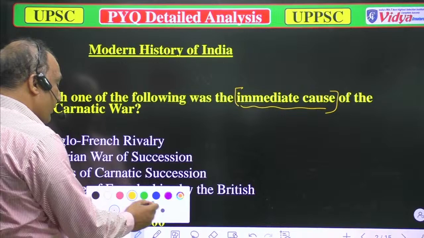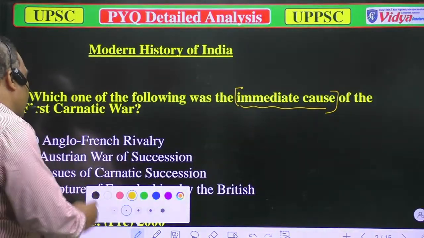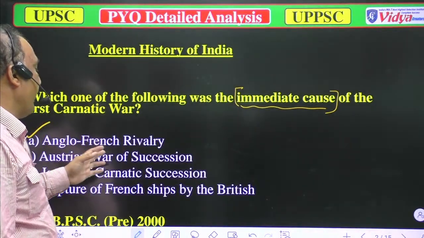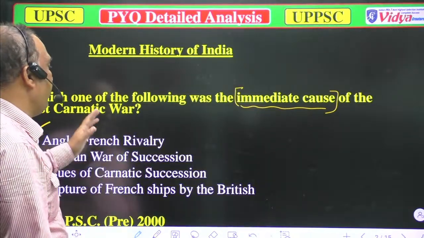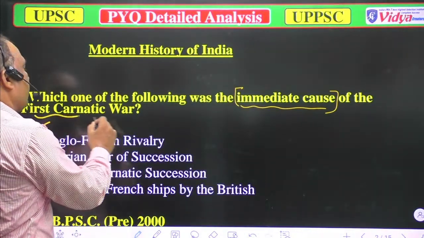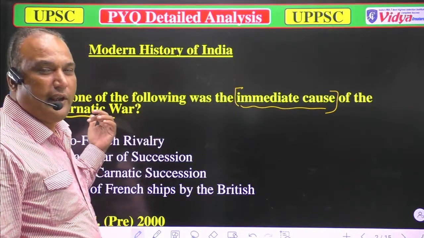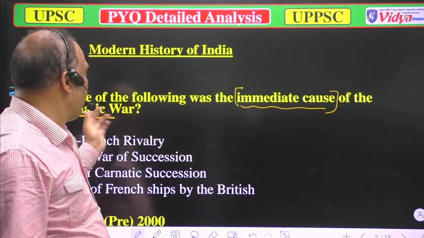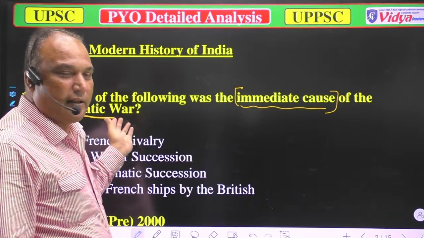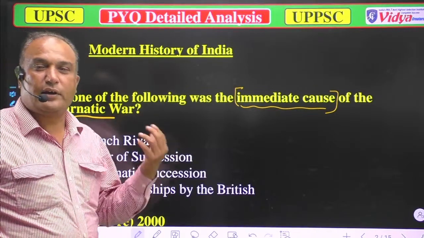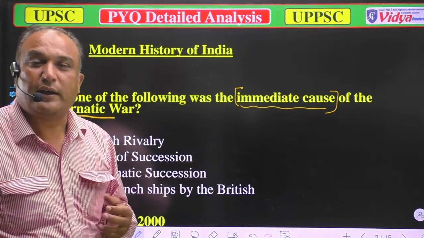So, as we see, Anglo-French rivalry. When we talk about the first Karnataka war, the term Karnataka is written with C. Why is this written with C?